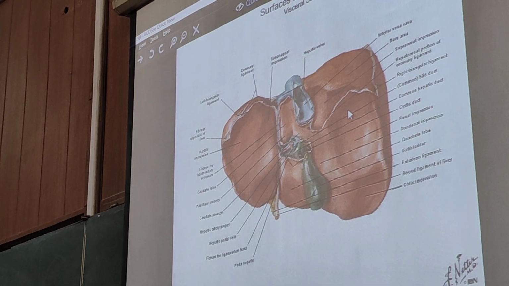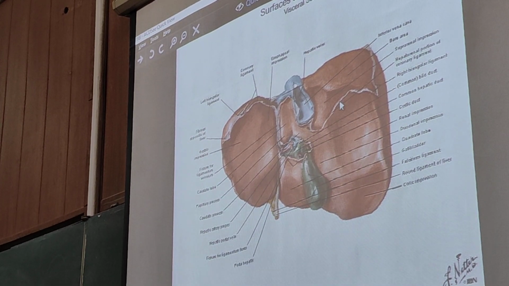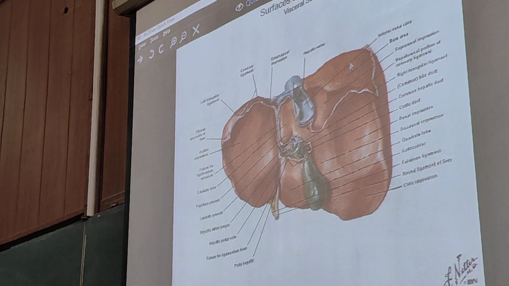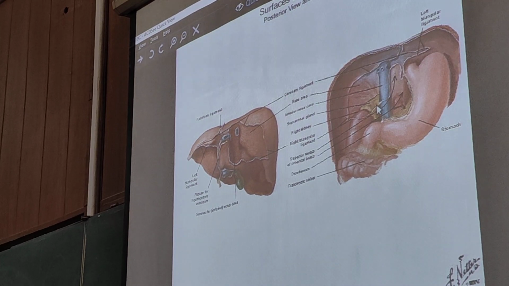This reflection makes the coronary ligament. We have two coronary ligaments here. This one is the inferior coronary ligament, and that one is the superior coronary ligament. Let me show you here. Please look here. This is the superior coronary ligament, and the inferior coronary ligament.